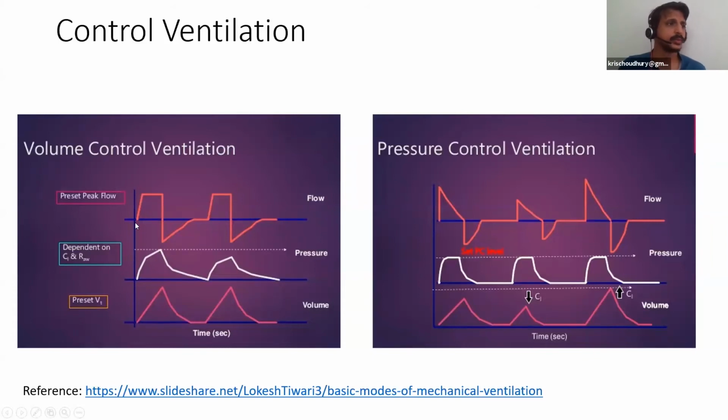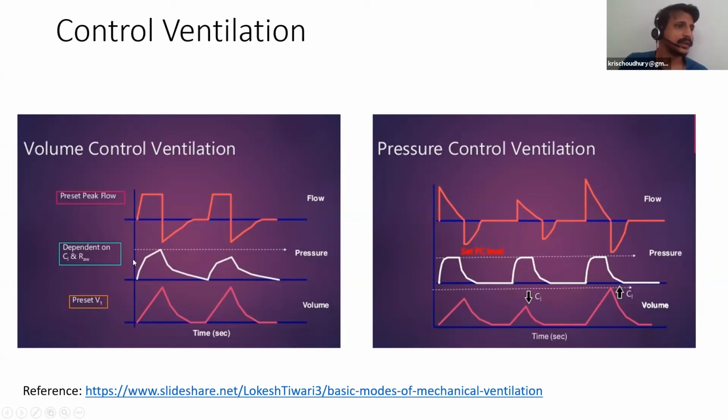In volume control mode, you have a preset flow, and the flow keeps increasing inside the ventilator until it reaches some peak, and then the flow direction reverses. The flow starts dropping, and then comes back to normal when the breath is completed.